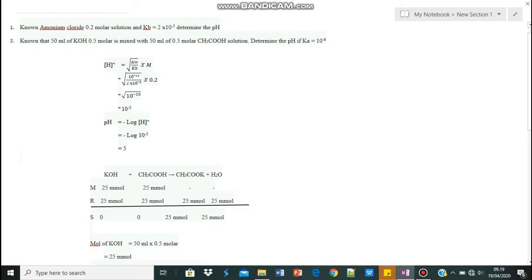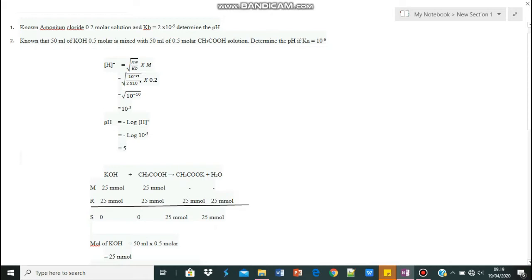And then second, note that 50 ml of calcium hydroxide 0.5 molar is mixed with 50 ml of 0.5 molar acetic acid solution. Determine the pH if Ka equals 10 to the minus 6.